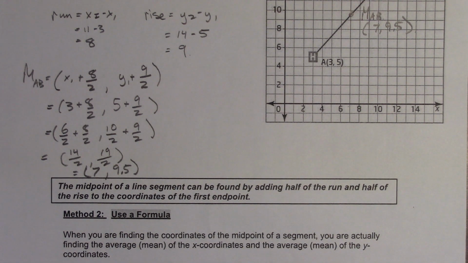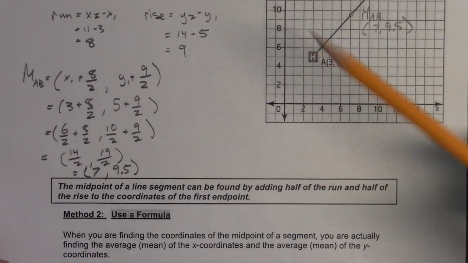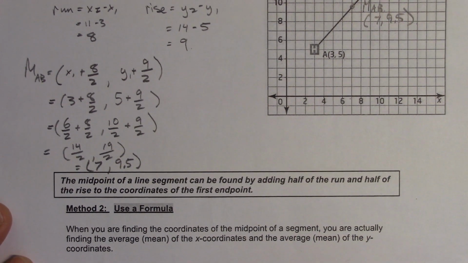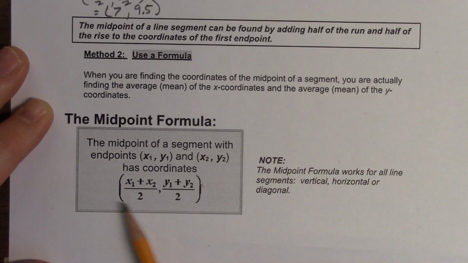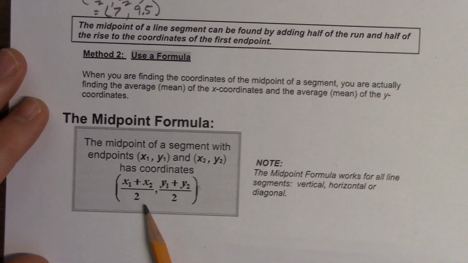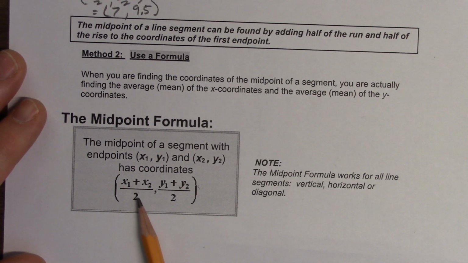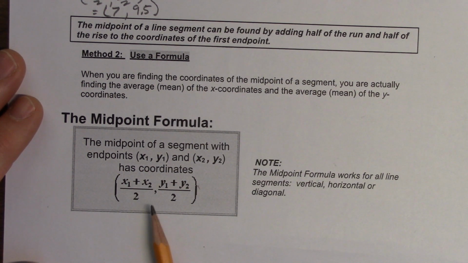So our method 2 here, we can just use a straight formula. So we don't actually find the rise or the run first. We just find them inside our formula right here. This is the rise, this is the run. And when we divide something by 2, we're cutting it in half.